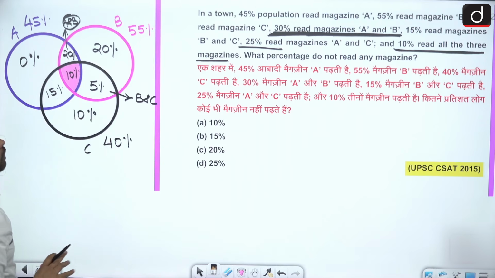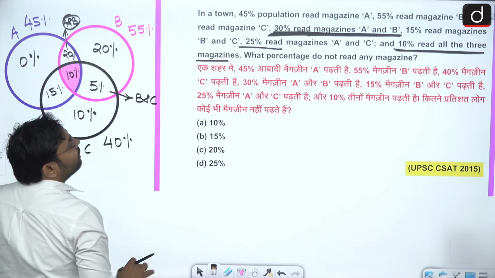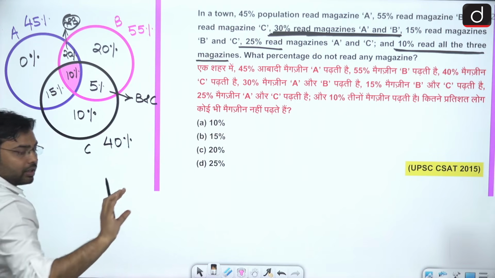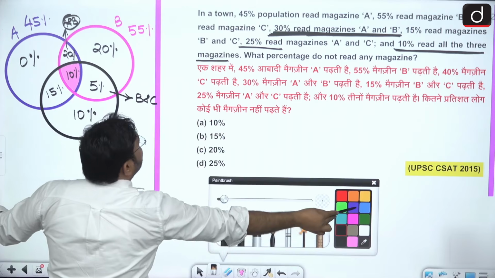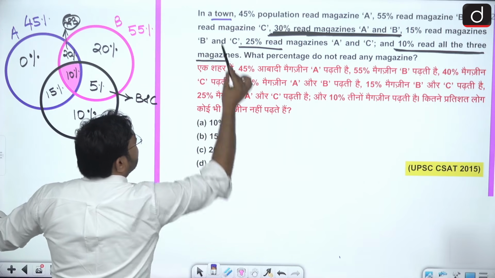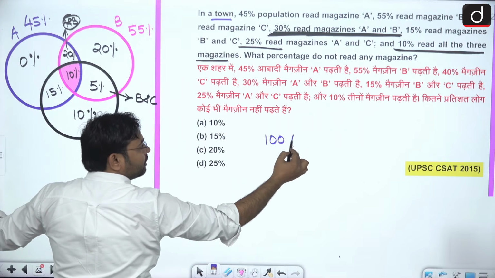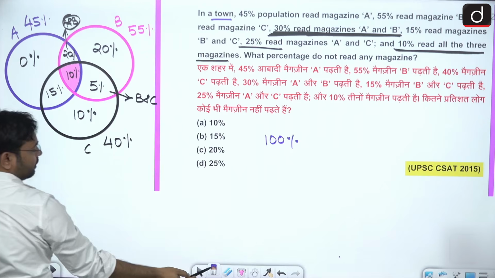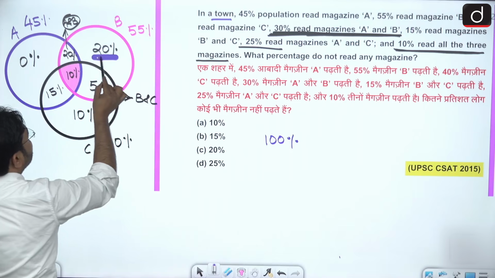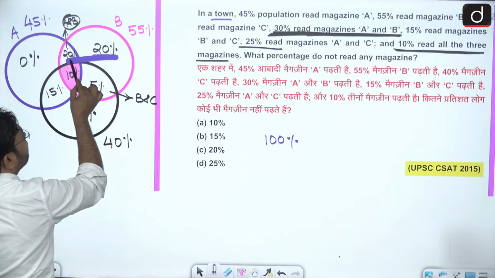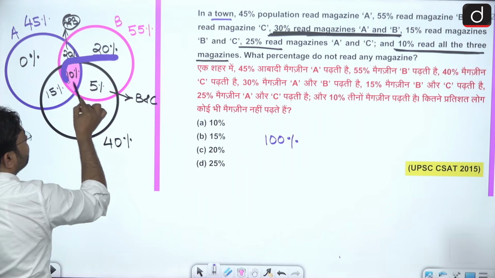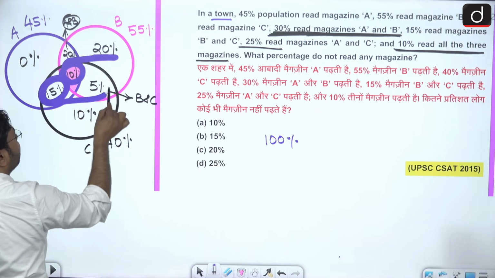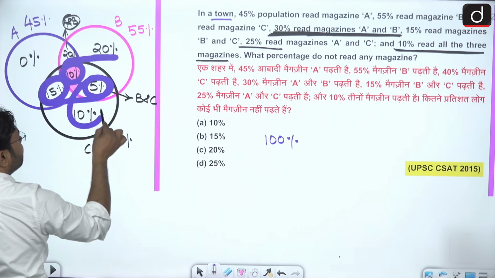For this one, now what do you want? Percentage that do not read any magazine. So total people of the town is 100%. Now add these numbers: 20 plus 20, 40 plus 10, 50 plus 15, plus 5, plus 10.